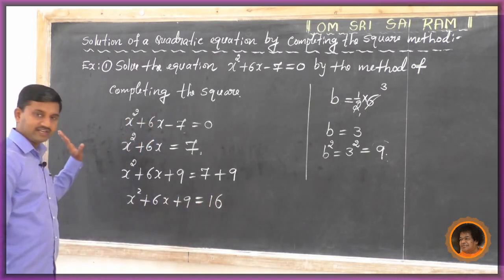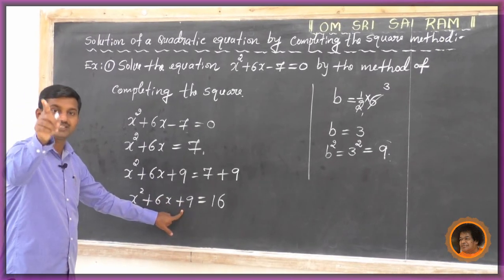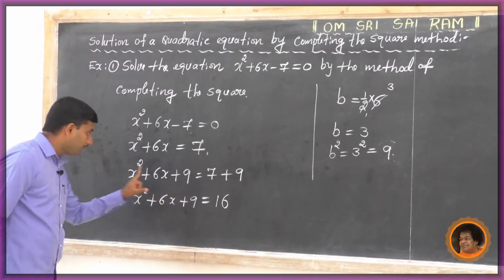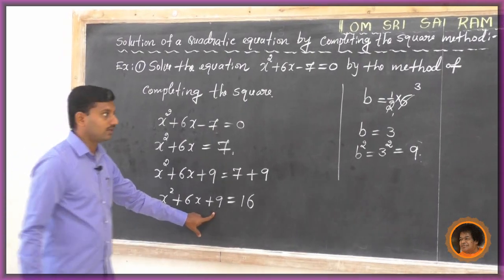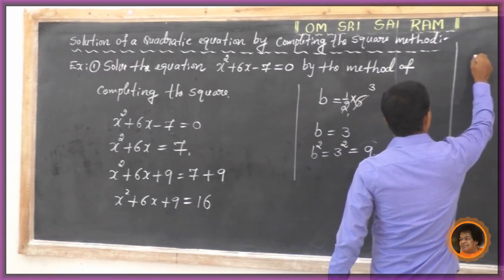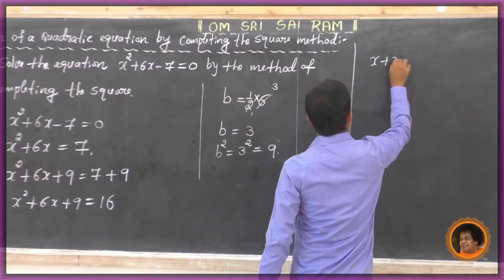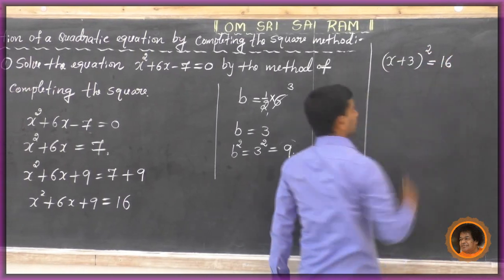Now look at the left hand side, x square plus 6x plus 9. This is a perfect square, in the form of a square plus 2ab plus b square. How can we write x square plus 6x plus 9? We can write it as x plus 3 whole square equals 16.